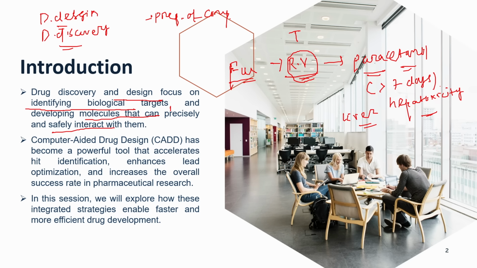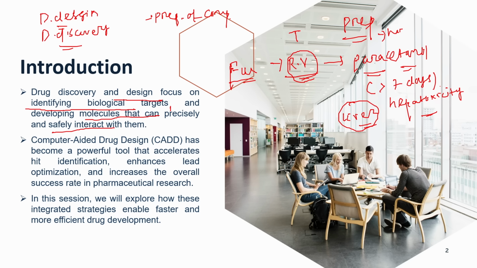So in case of flu, to prevent the rhinovirus which causes the flu, we give the medicine called paracetamol. Here comes drug discovery or drug design. We have to prepare a compound, a medicine, which has the same effect as paracetamol, or even more effect than paracetamol, with no side effects like liver toxicity or hepatotoxicity.